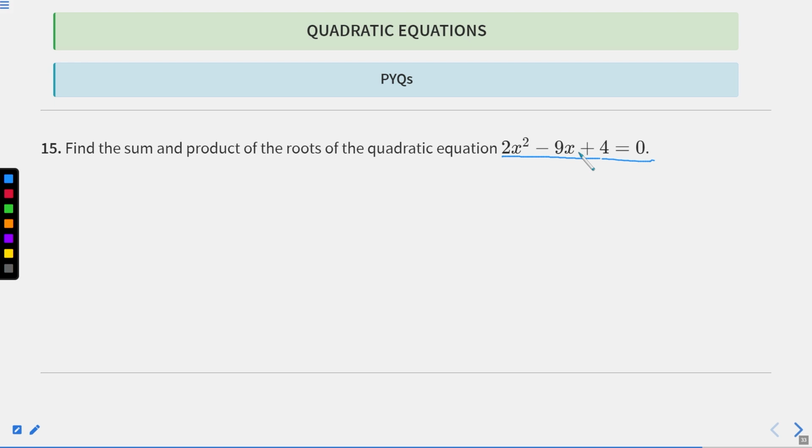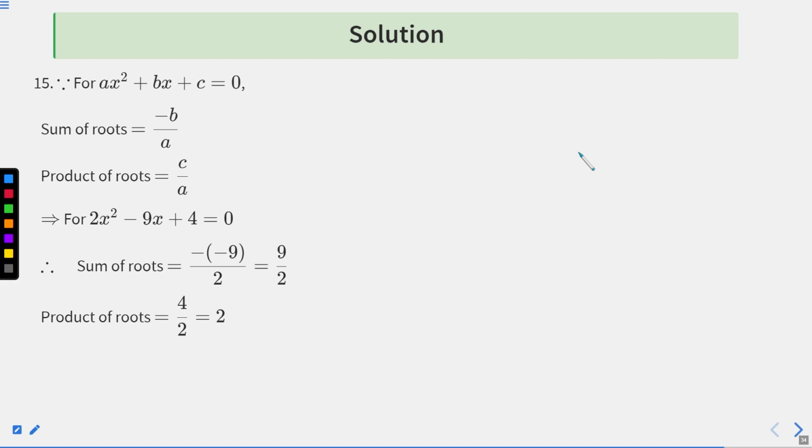So for ax square plus bx plus c is equal to 0, the sum of roots is equal to minus of the coefficient of x divided by the coefficient of x square. So the sum of roots is equal to minus b upon a, and the product of roots is equal to the constant term divided by the coefficient of x square.